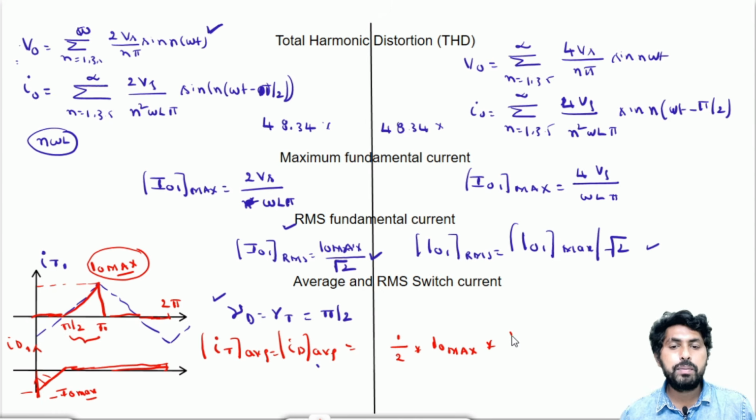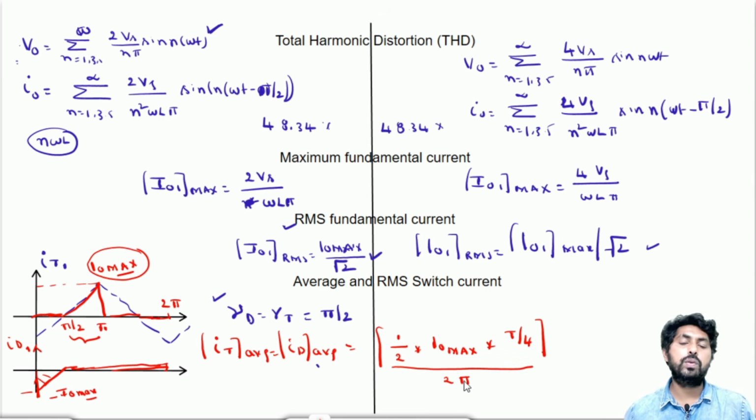In the period of 2 pi, it is conducting for a period of pi by 2, so it is conducting for T by 4 in the total time T. So it will be half into I max, T and T will get cancelled. So 1 by 8 into I naught max.